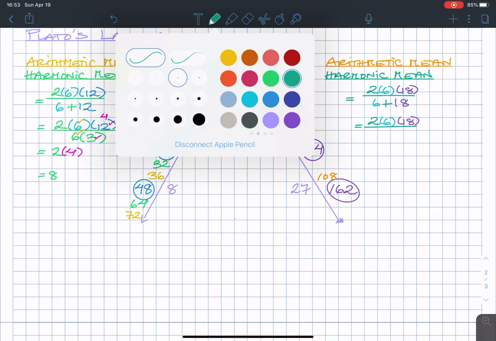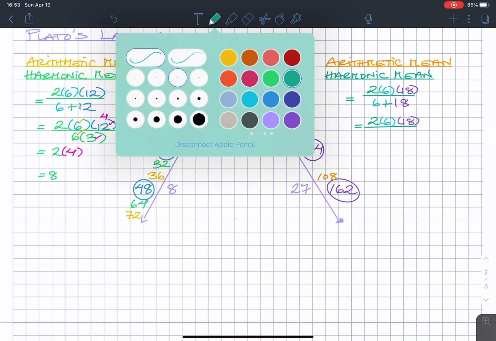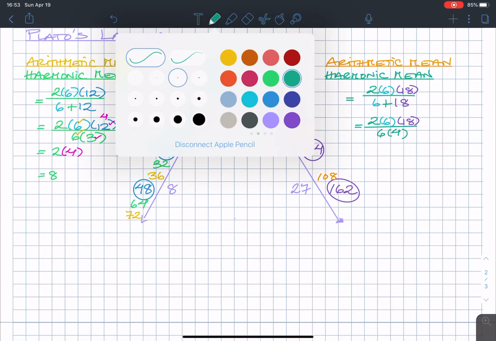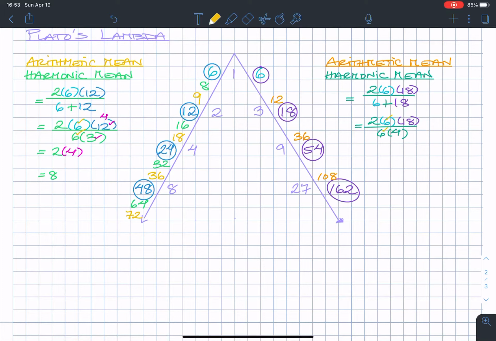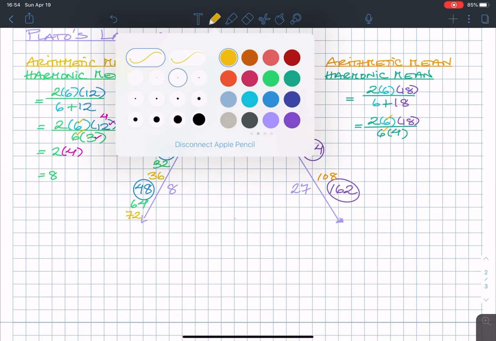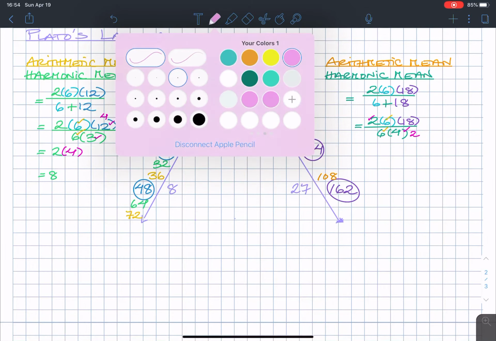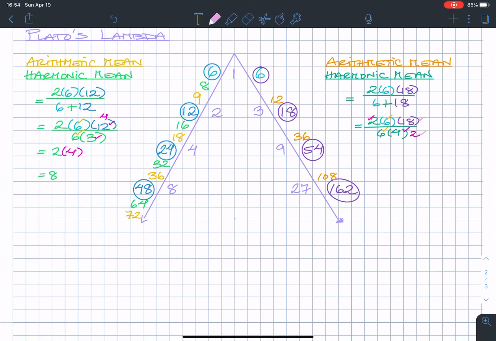24, which is really 6 times 4. So the 6 is reduced, and 4 does not go into 18. However, 2 goes into 4 twice, and then 2 goes into 18 9 times.